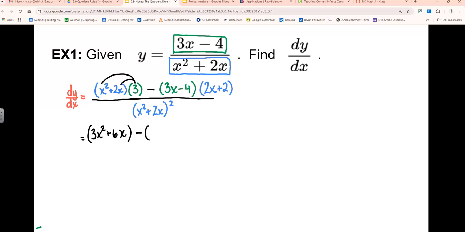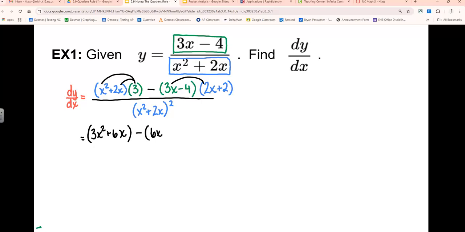Depending on the capacity you have for doing things in your head, you could go ahead and multiply this together and then distribute the negative and do it all in one step, but my head has a little bit hard time keeping everything straight there and I forget things. So I'm going to keep my parentheses. I'm going to distribute here.